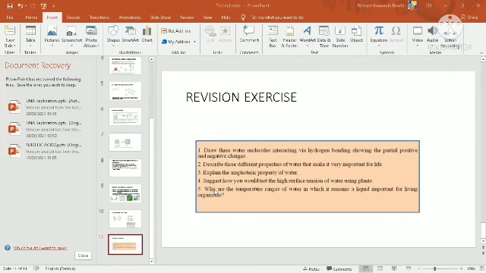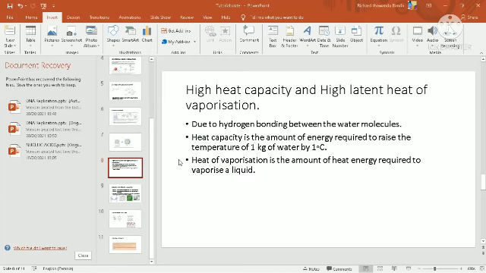So when you look at question 5, why are the temperature ranges of water in which it remains a liquid important for living organisms? What this question is simply asking you to explain is water's high heat capacity. We discussed this on the slide where we talked about heat capacity being the energy required to raise the temperature of 1 kg of water by a degree Celsius.